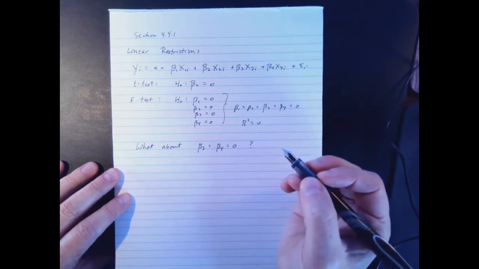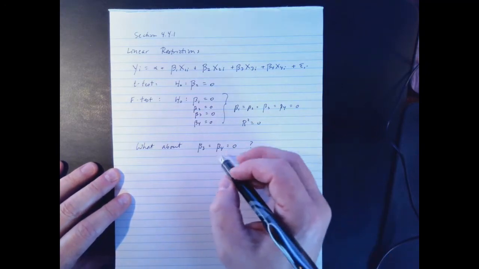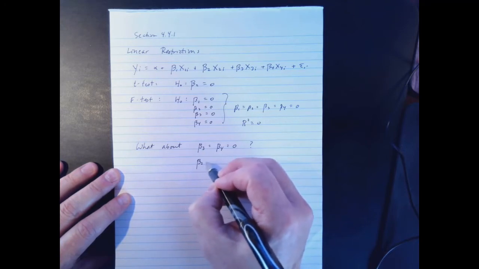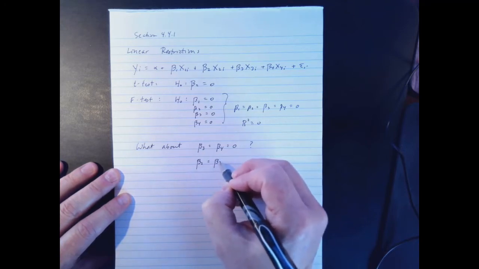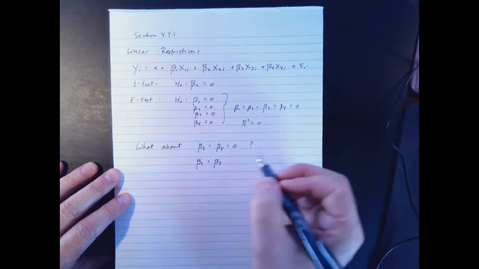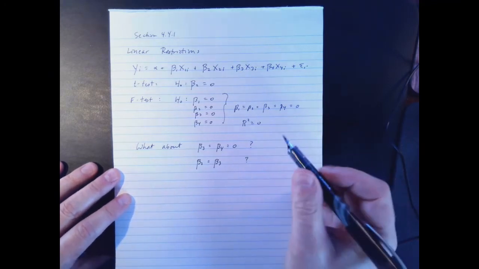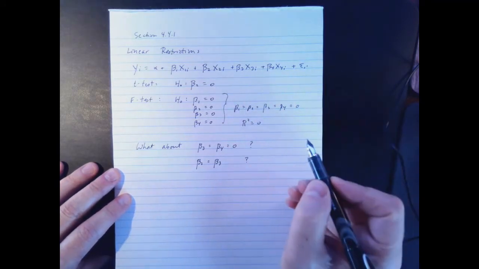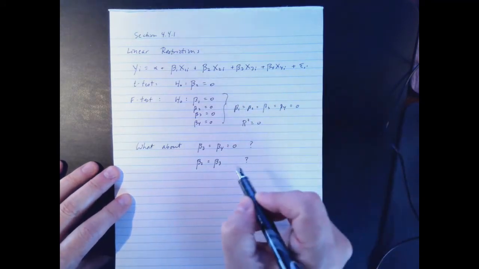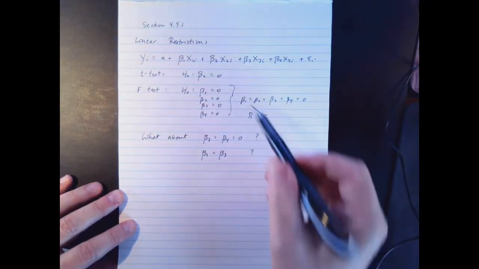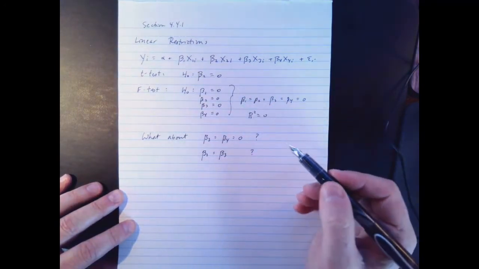Or we could think of an even more complicated one. Suppose we want to test, what if beta 2 equals beta 3, but we don't necessarily need them to equal 0. We just want to see if beta 2 equals beta 3. Then we clearly can't use either the t-test or the f-test.